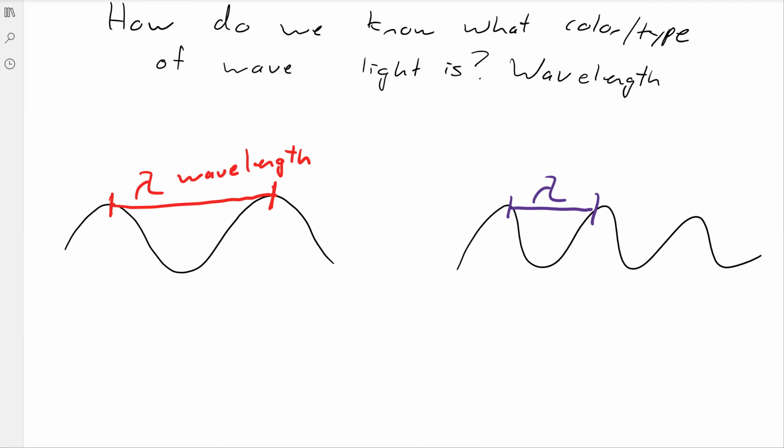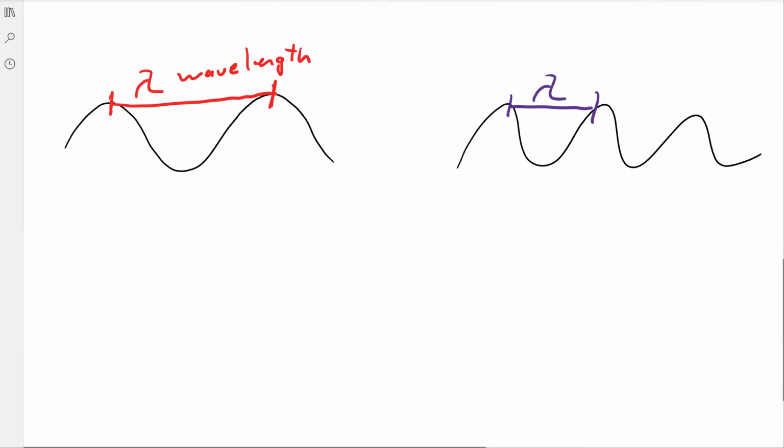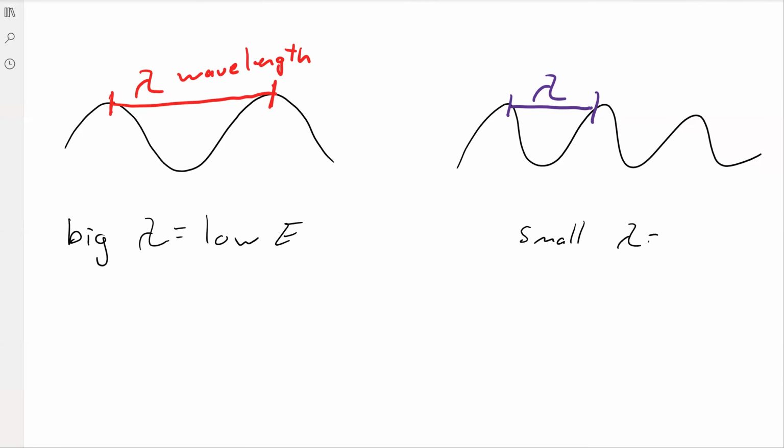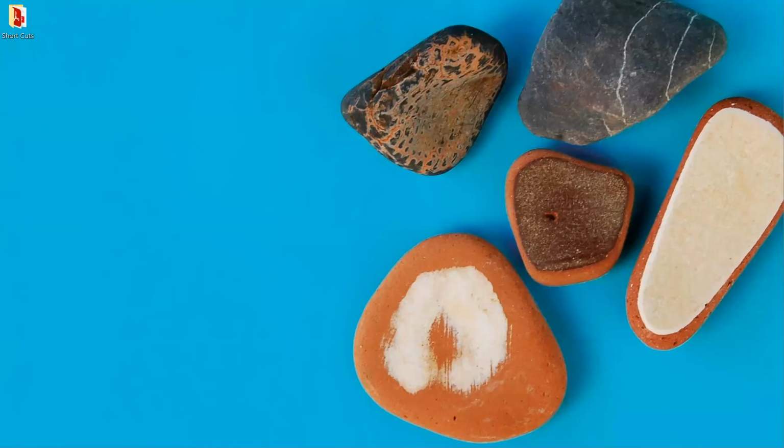So we can tell that the one on the left has a bigger wavelength and the one on the right has a smaller wavelength. So when it comes to energy, a big wavelength will be a low energy type of light. A small wavelength will be a high energy type of light.